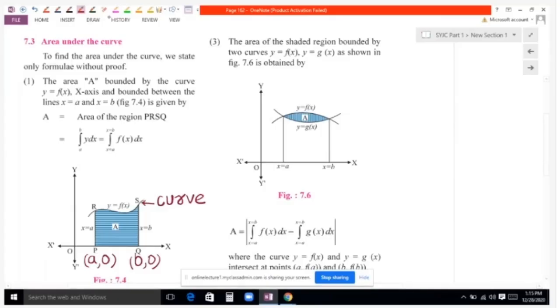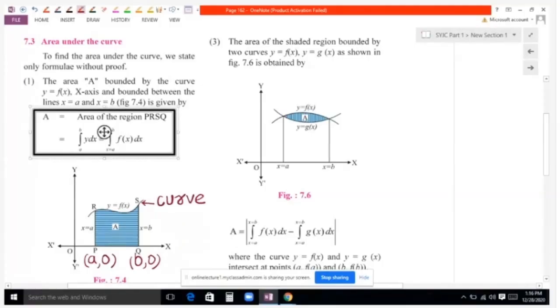And now since you want to determine the area between the curve and x axis, you will get the area of the region PRSQ, which is equal to integral from A to B.